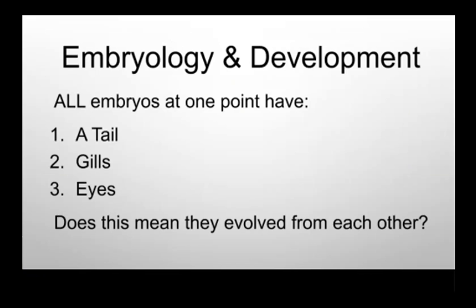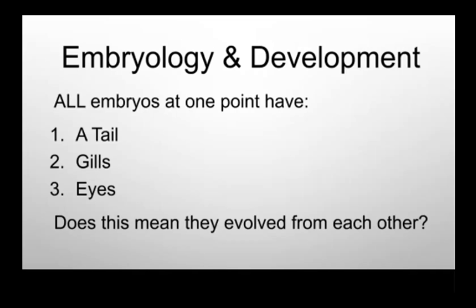But your gills as an embryo didn't stay there, right? As you developed more and more, your gills actually developed into your lungs. Not all animals have lungs, right? Some have gills. They kept the gills. Your tail got smaller and smaller until you don't have a tail, but some animals do have tails.